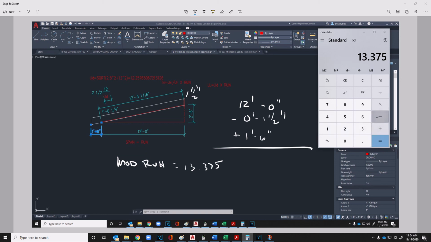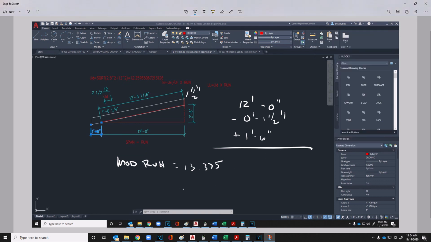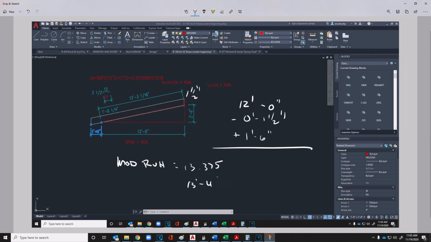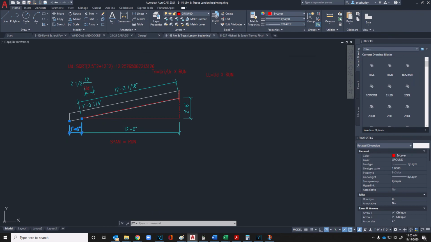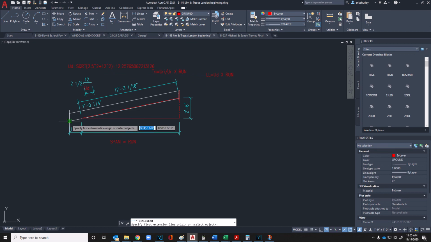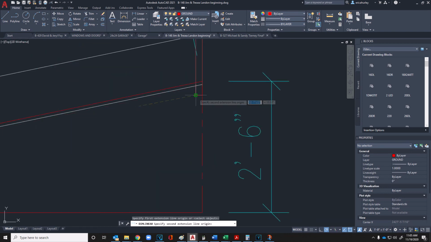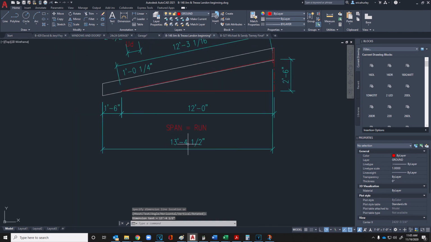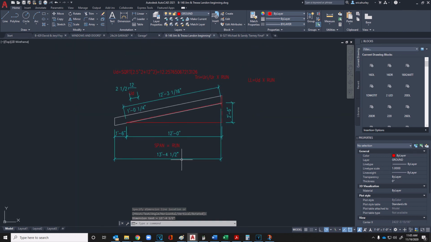Now I'm going to subtract 13 feet, multiply that number by 12, and that gives me 4.5. So that is equal to 13 feet 4.5 inches. Let's go back over to CAD and see if that's correct. There we go. 13 foot 4.5 inches.